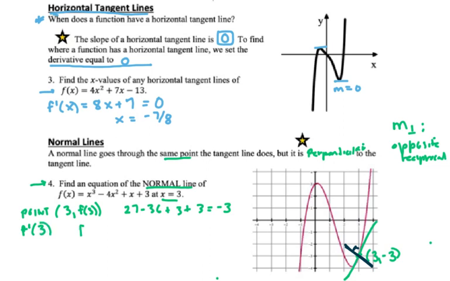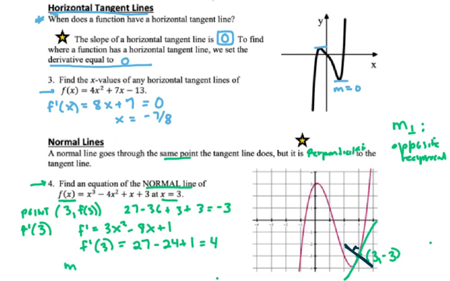So f prime of x is 3x squared minus 8x plus 1. F prime of 3 is 3 times 9, which is 27, minus 8 times 3, which is 24, plus 1, so that's 4.